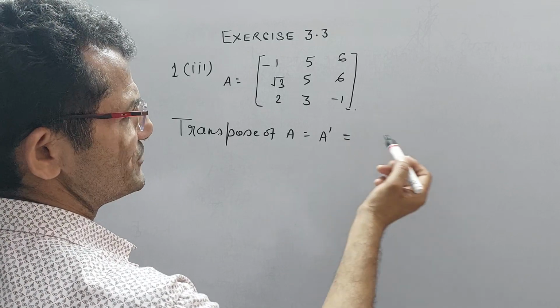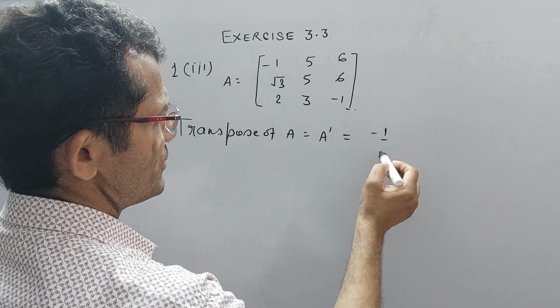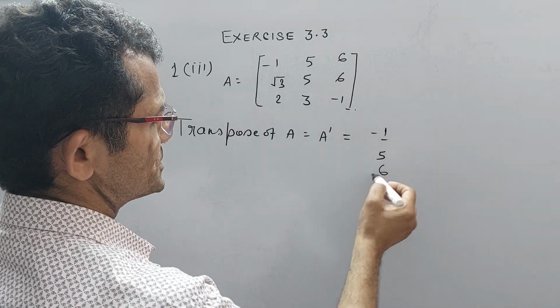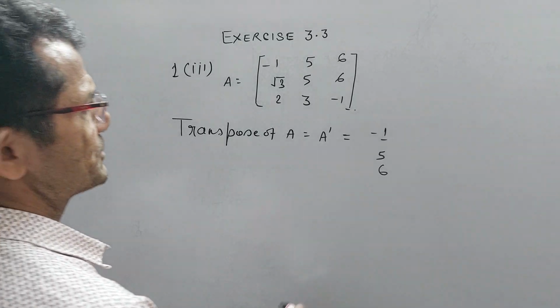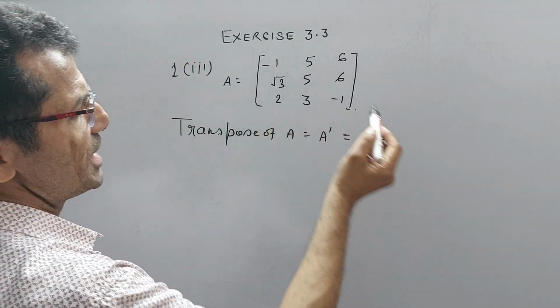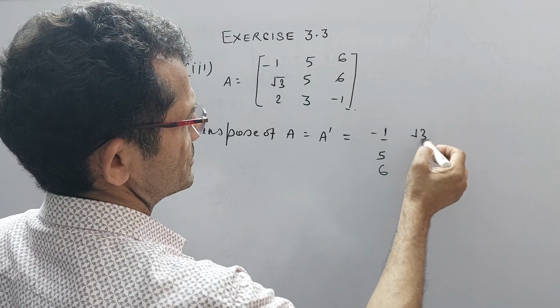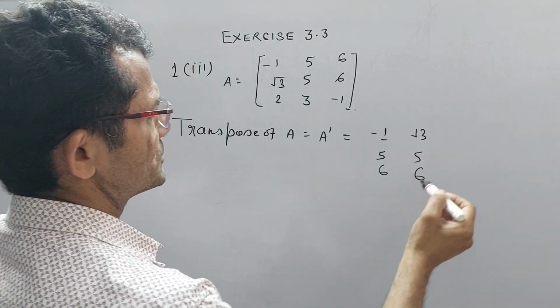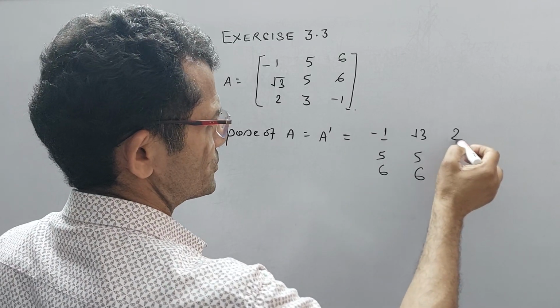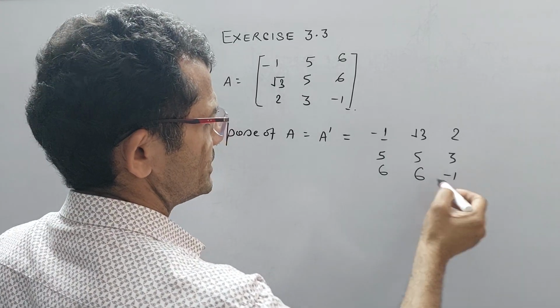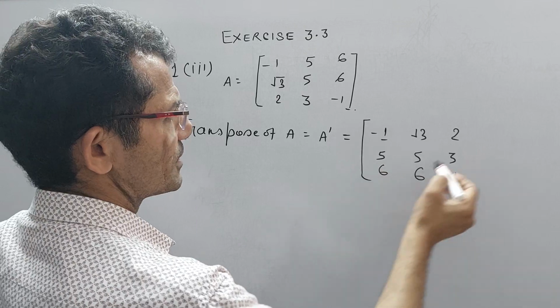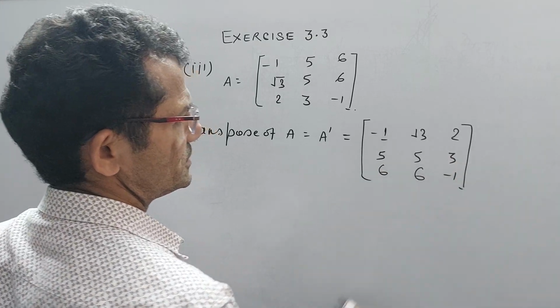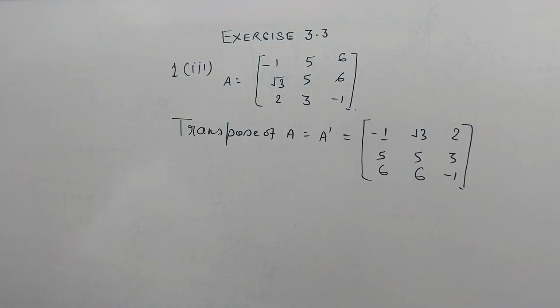The second row, root 3, 5, 6, becomes the second column. The third row, 2, 3, minus 1, becomes our third column. So this is the transpose of A.